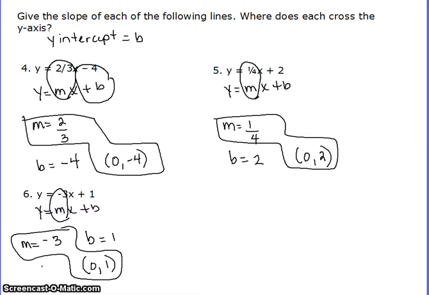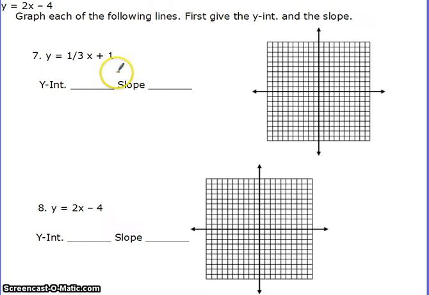Alright, now, what if they give you a function, or an equation, and ask you to show the y-intercept and the slope and graph, okay? So when you look at number 7, y equals 1/3 x plus 1, we know that y is by itself, so this is in slope-intercept form, and my slope is 1/3, and my y-intercept is 1.